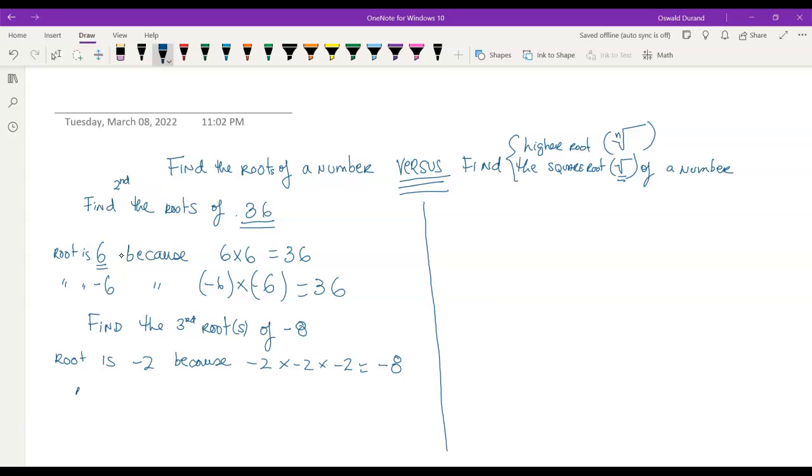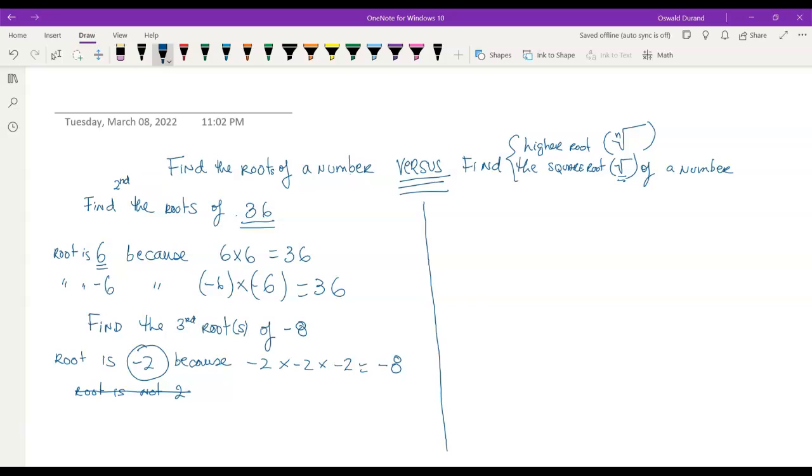But the root is not +2, right? So it's not +2 because 2 times 2 times 2 is not equal to -8. Okay, for this case here, it's only -2. Okay, and then you can go on and on.